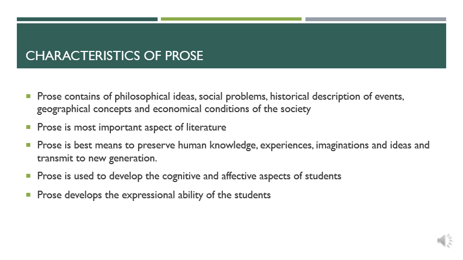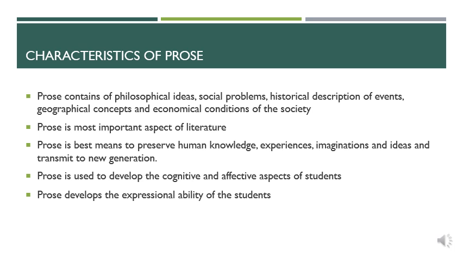For example, why do we have a lesson about Sachin Tendulkar? The generation who are coming now does not know who Sachin Tendulkar or Sunita Williams are, and what their experiences and achievements are. Those things should be transferred to the new generation. So that's why such lessons are kept in school textbooks. And prose is used to develop the cognitive and affective aspects of the student.